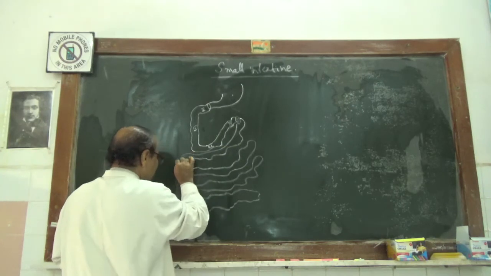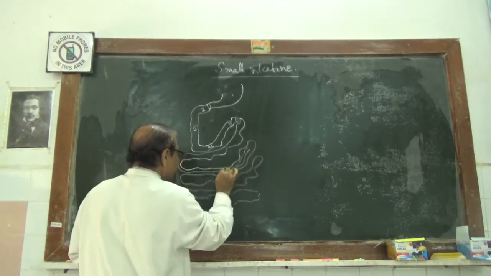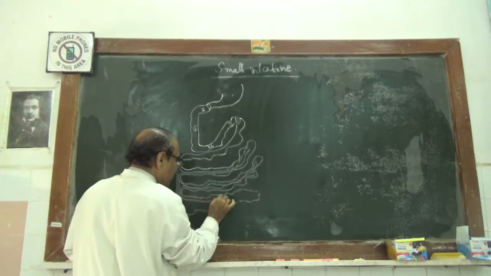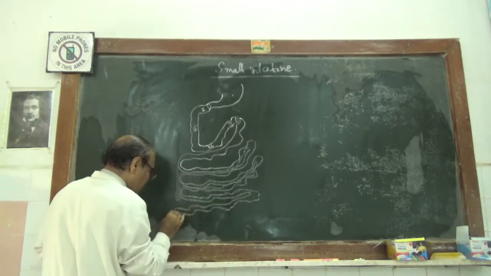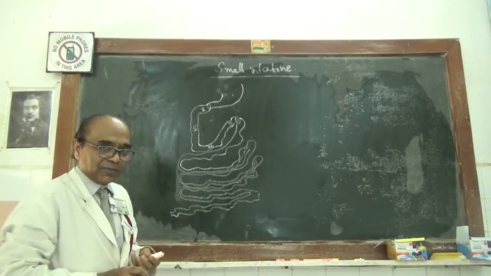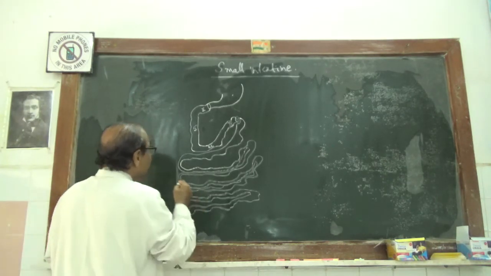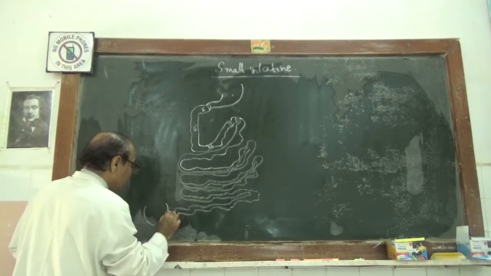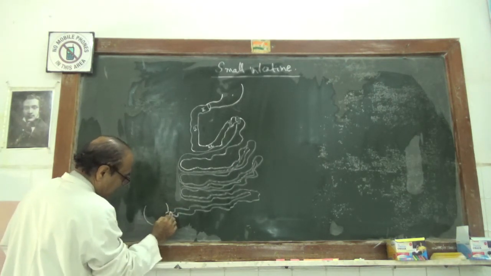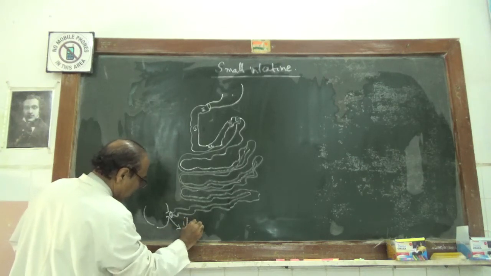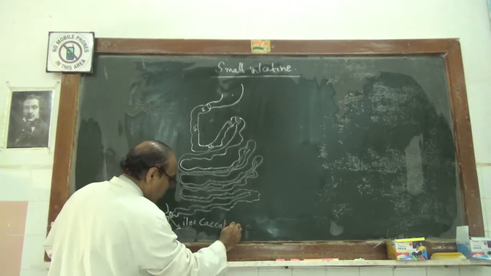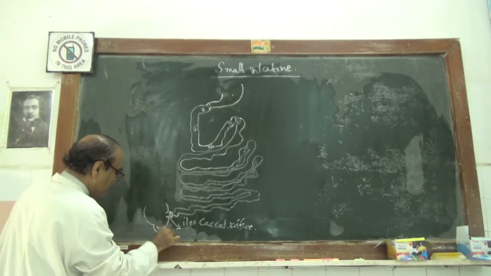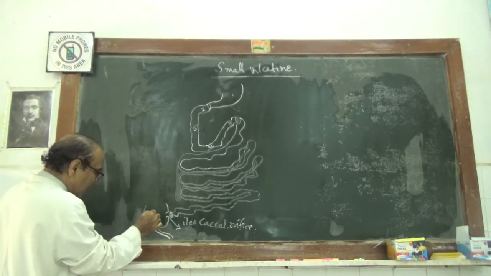So this is the remaining part of the small intestine, which is the jejunum and the ileum. The small intestine will end at the ileocecal orifice, which is present in the beginning part of the large intestine, the cecum.